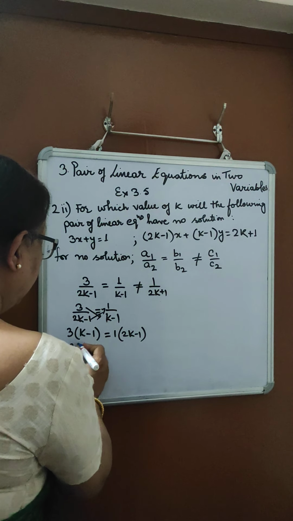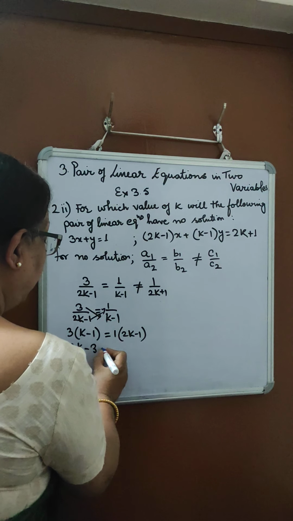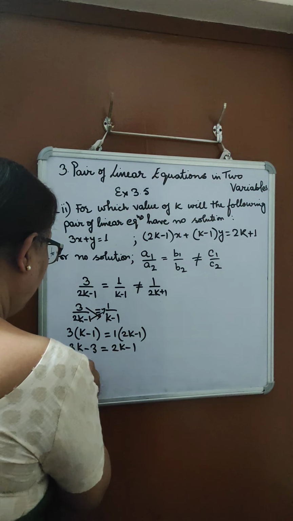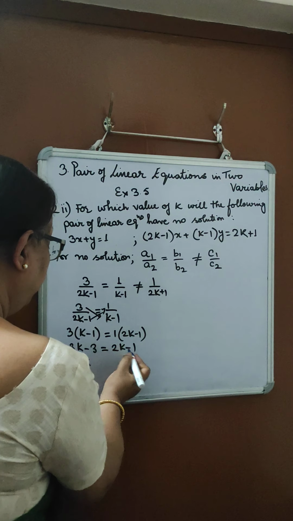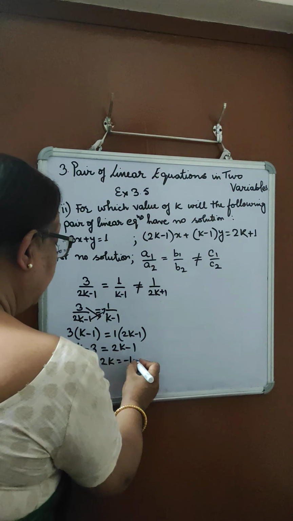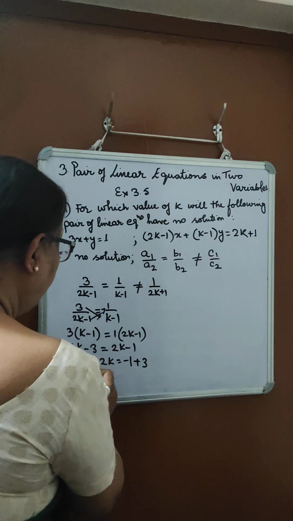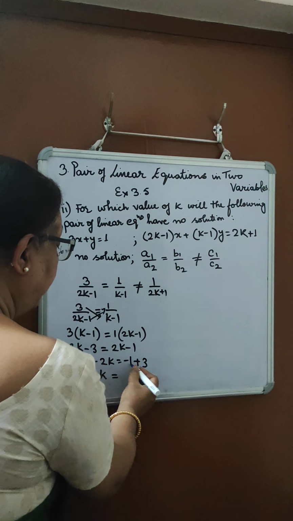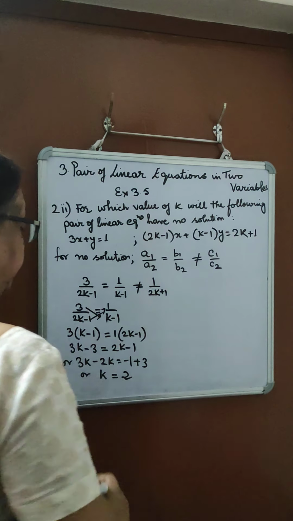That is 3k minus 3 equal to 2k minus 1, or 3k, bring it on the other side, 2k minus 1 plus 3. 3k minus 2k is k equal to 3 minus 1, that is 2.